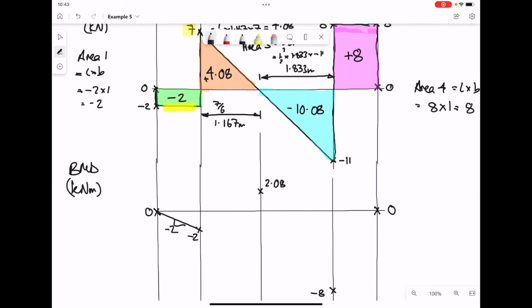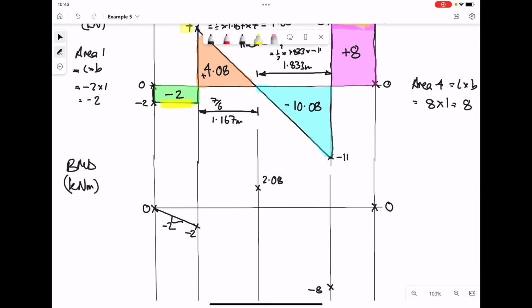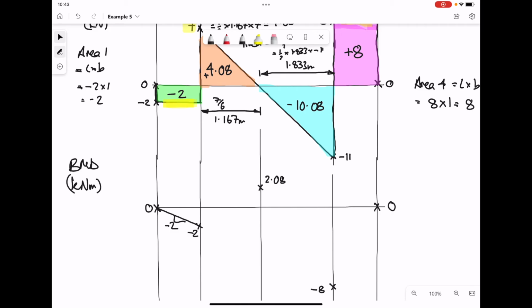It matches the shear force value over that region. Likewise, looking at the very last part, we have a shear force value of +8. So in the last meter of the beam we have a line of constant gradient, and that constant gradient is a value of +8.